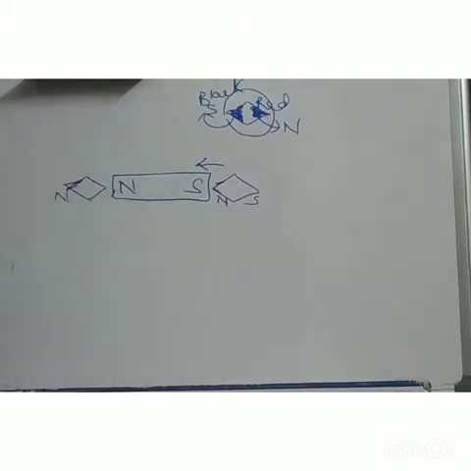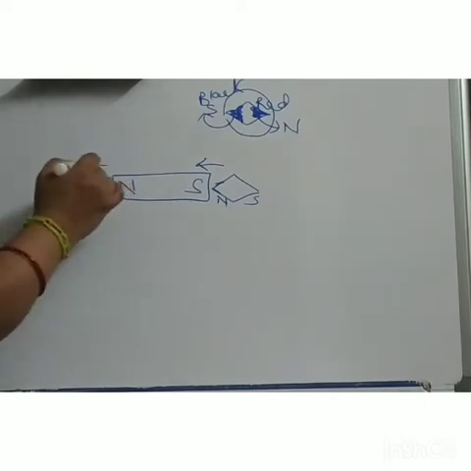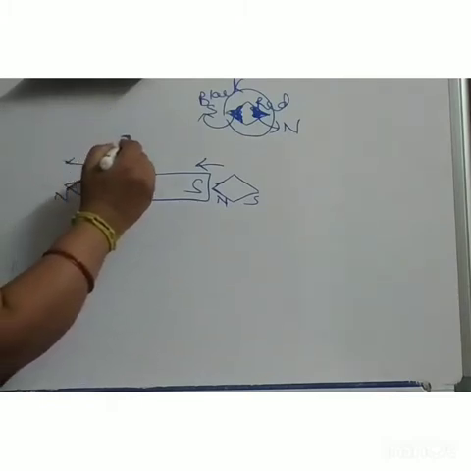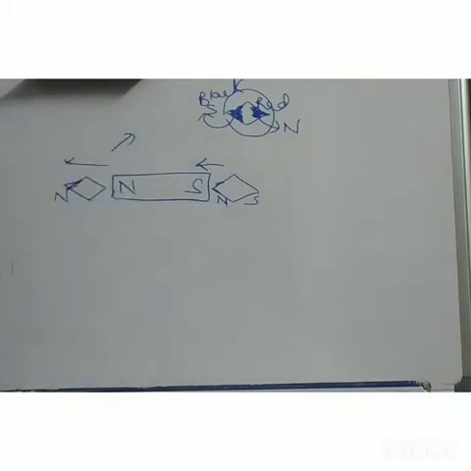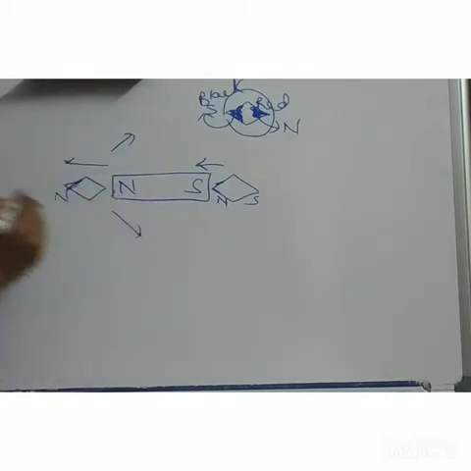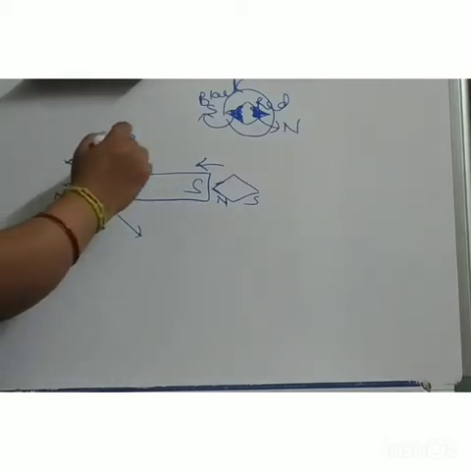So your magnetic field lines are in which direction? This direction. Okay. Now if you keep the compass needle over here, then the north pole will do like this. Now if you keep the compass needle over here, it will give the direction like this. And try to join this.